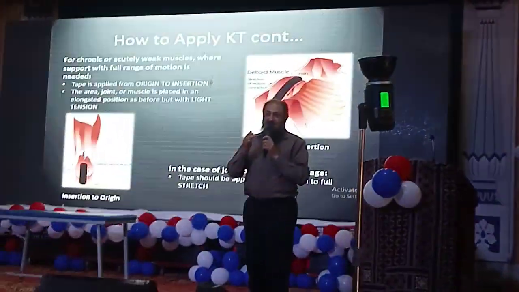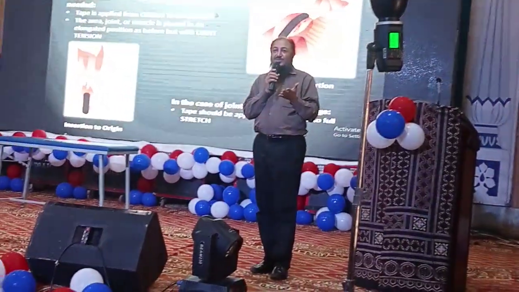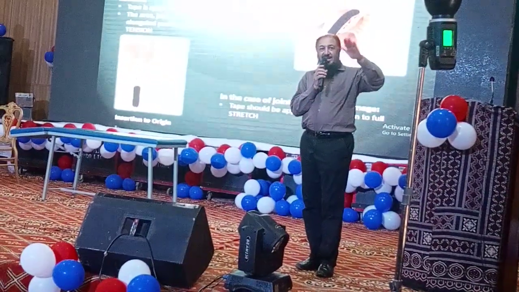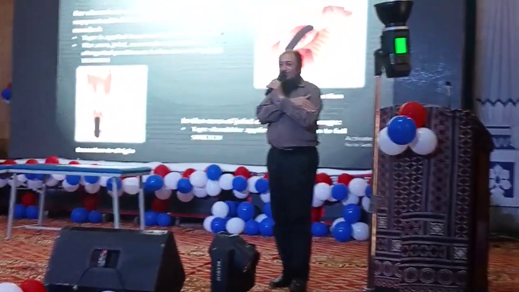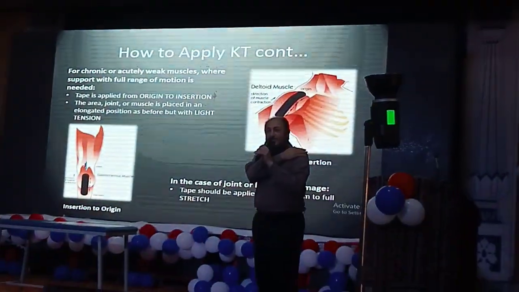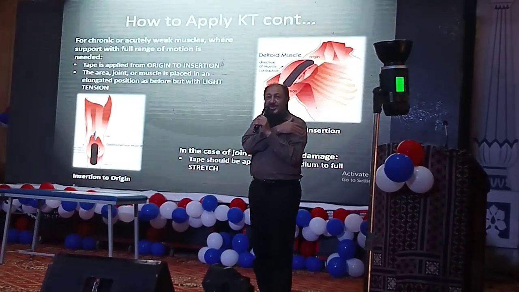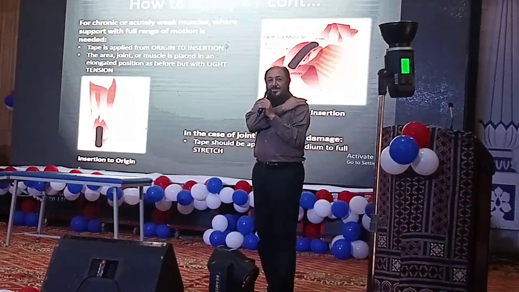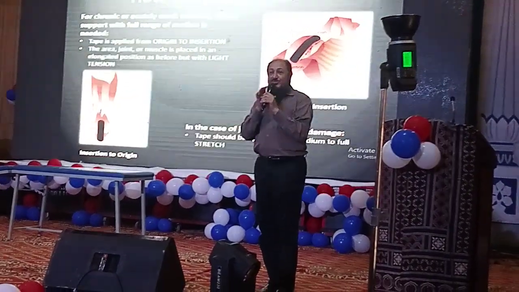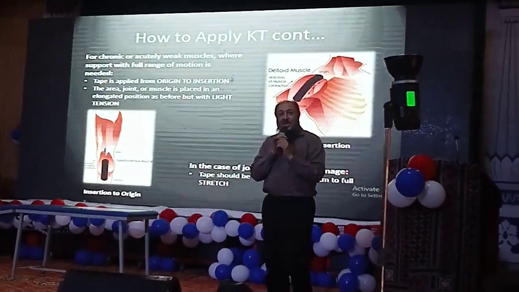So just altering the tape, how do we stick the tape on? Because we have to stick on one side and then fix it. Either we go from top to down or down to top. So say if you have a deltoid, if you want to reduce deltoid activity, then you go from down to top. If you want to improve the strength, then you go from top to down. So that's how you stick the tape on.